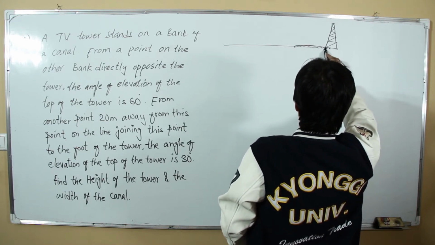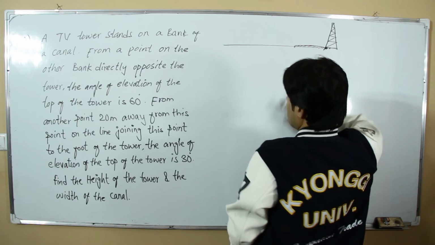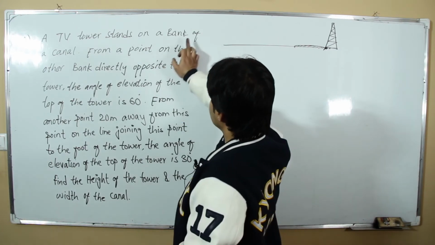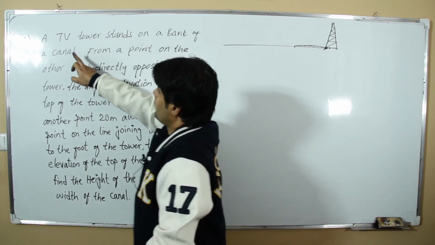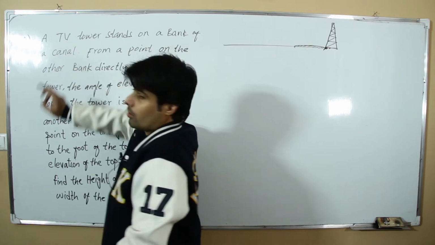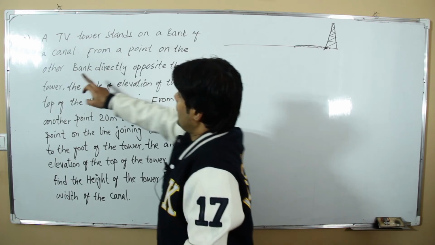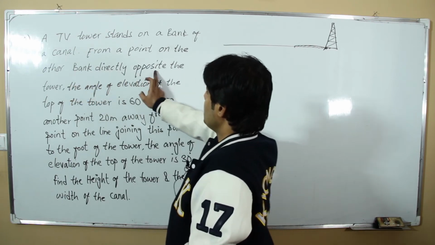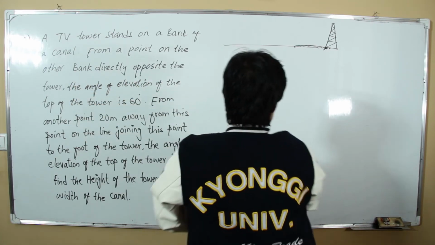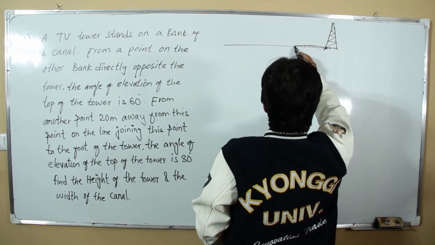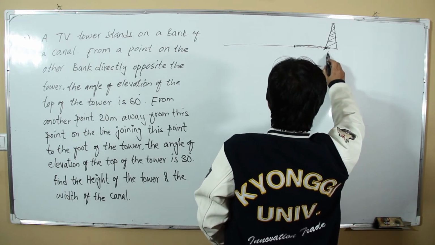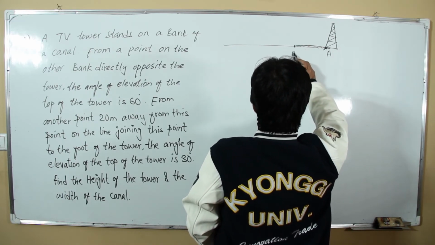In this part, in one bank, we have a tower. Which tower? TV tower on one bank of the canal. From a point on the other bank directly opposite the tower. This is our tower. The opposite side is here. So if this one is A, this is B.